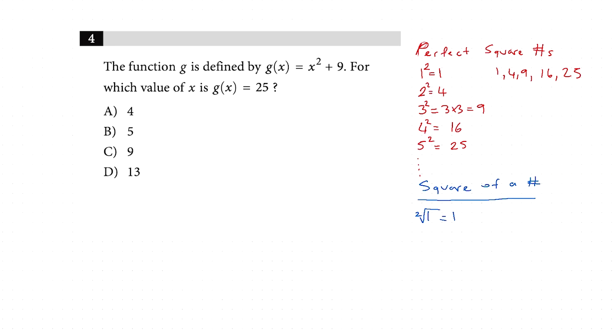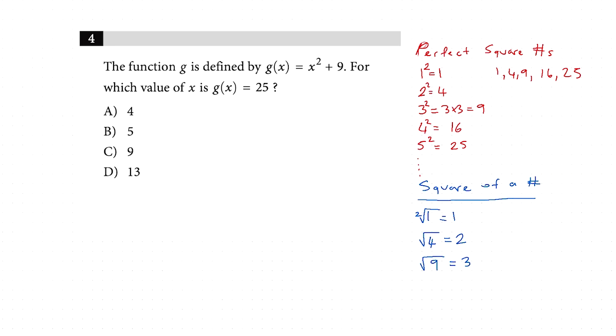The square root of 4 is 2, because 2 times 2 is 4. The square root of 9 is 3, because 3 times 3 is 9.